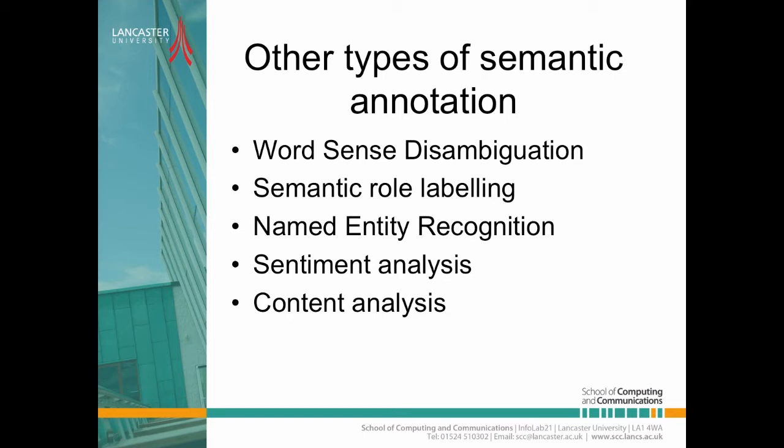Sentiment analysis could be used in mining opinions on certain products or political parties, perhaps, seeing whether you have a positive or negative view on a certain topic, and often this gets applied to online social media. Another version is content analysis, which gets used in psycholinguistic applications for automatically assigning content or extracting content-related information from a text.